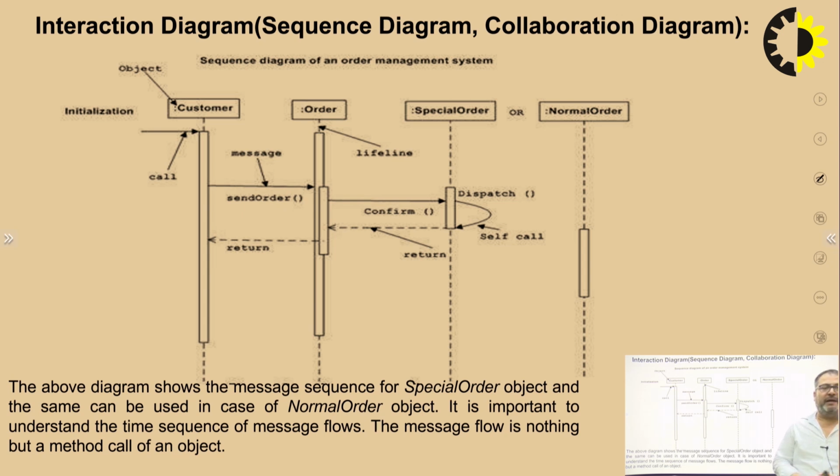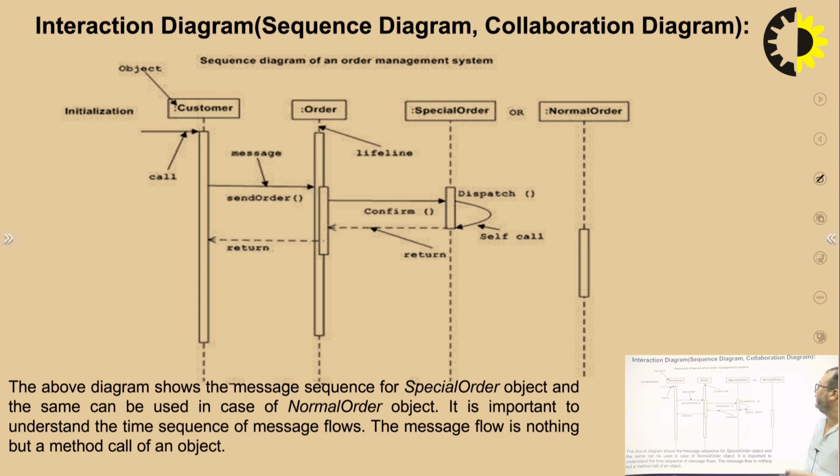In it we mention the stepwise activity: what is first, what is next and so on, what is last. In the interaction diagram, we had customer order, special order or normal order. First there would be an initialization phase, then the customer sends an order. If the order gets confirmed, then it is confirmed and returned after dispatch. This comes under the sequence diagram.